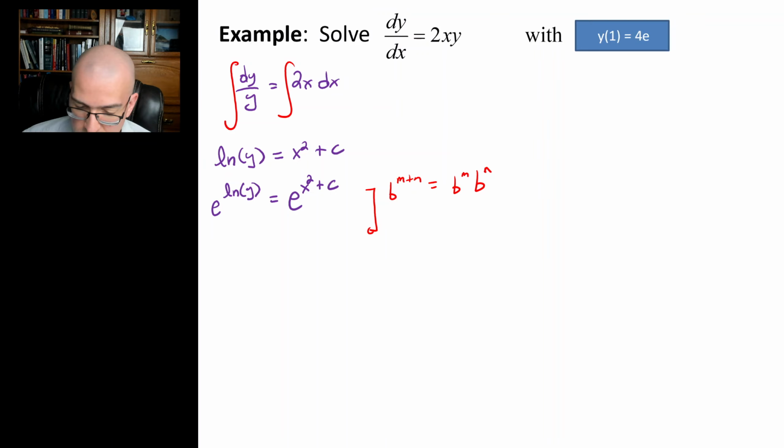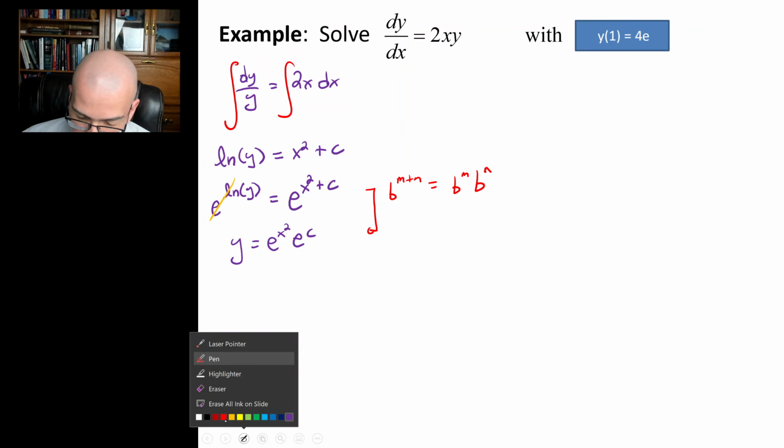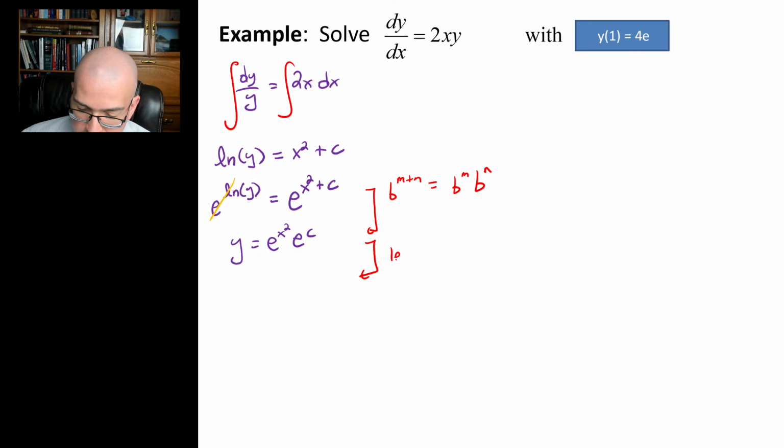I'm going to use the exponent law again, and I'm going to use the cancellation law. So we have y is equal to e to the x squared times e to the c. And in the next line, we'll let a equal e to the c. So we have y is equal to a e to the x squared.